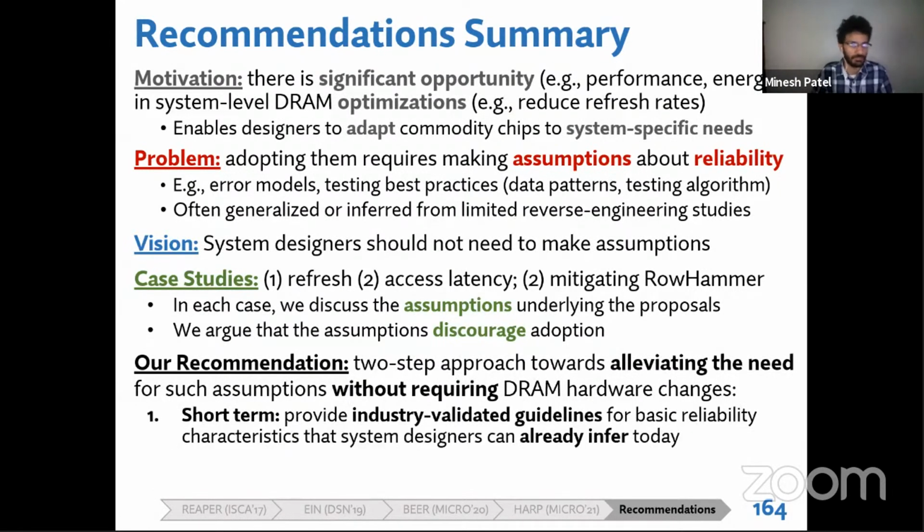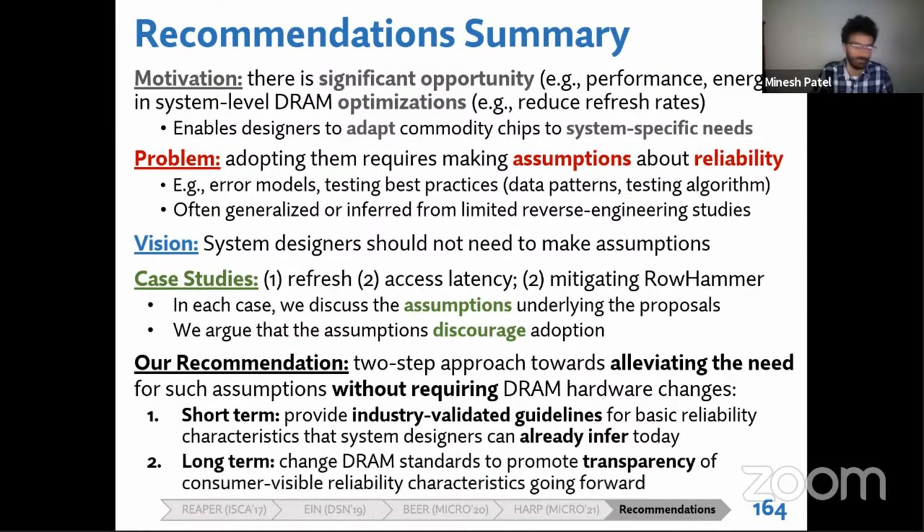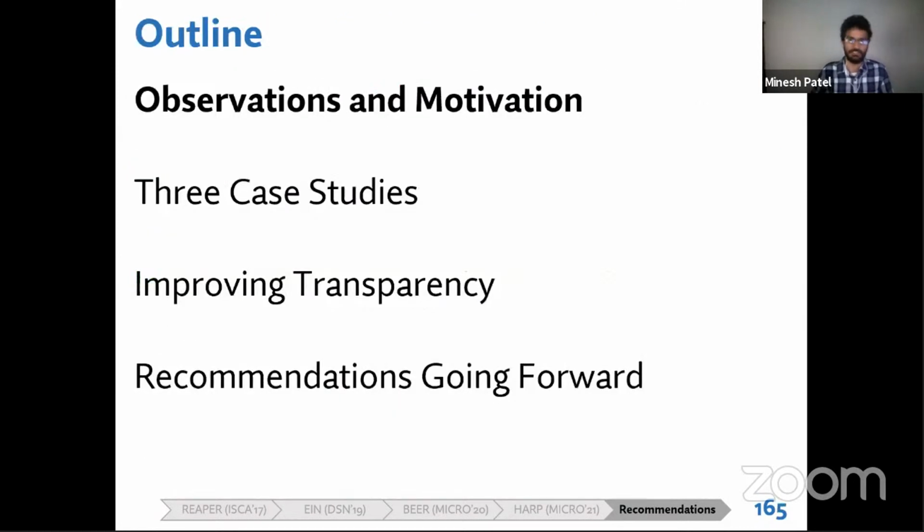In the short term, we ask to provide industry-validated guidelines for basic reliability characteristics that system designers can typically already infer today, just not in an industry-validated capacity. And in the long term, we argue for changes to DRAM standards in order to promote transparency of consumer-visible reliability characteristics going forward.